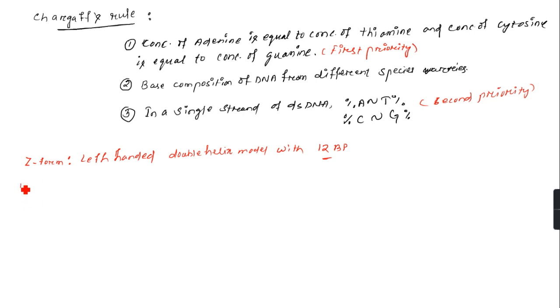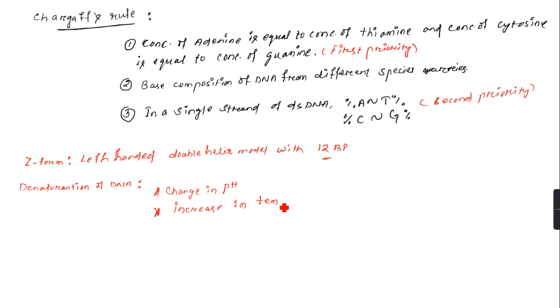Then the important concept is denaturation of DNA. DNA denaturation basically depends upon a few important factors such as change in pH and increase in temperature.